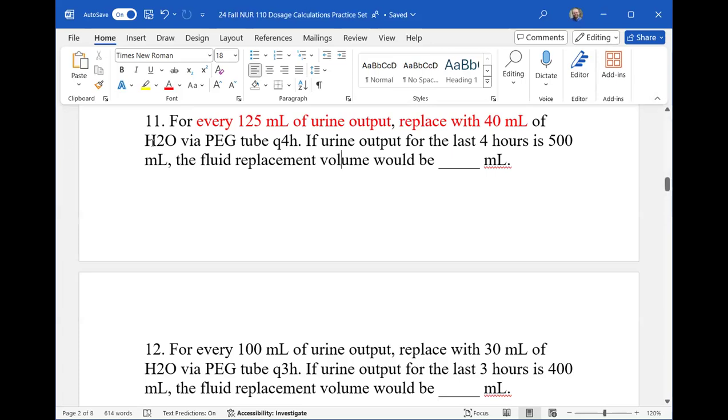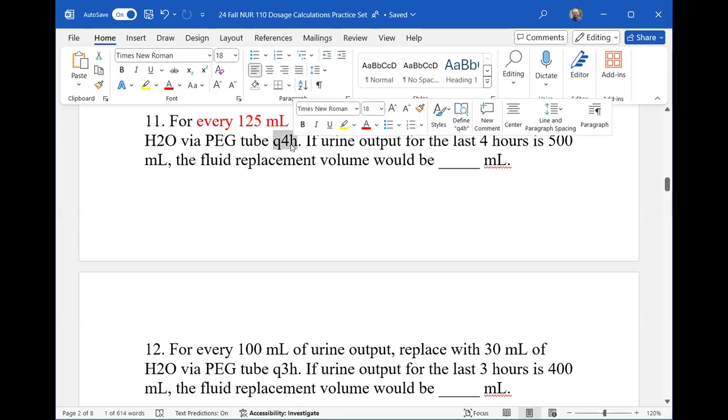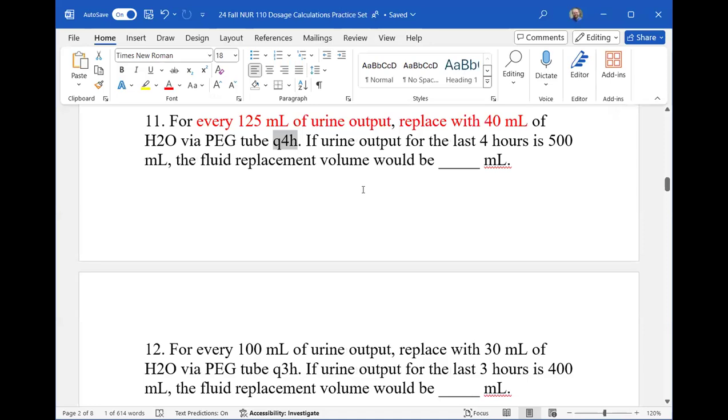What we're replacing with, water; how we're doing it, a PEG tube; how often, every 4 hours. And really what this every 4 hours is telling you is just how often you are reading what the urine output was and then getting feedback and then adding more liquid to them via PEG tube.